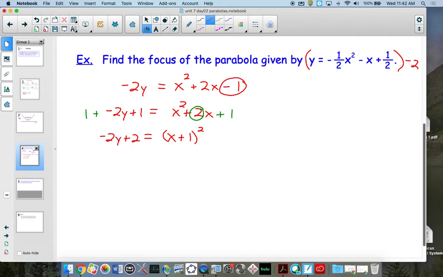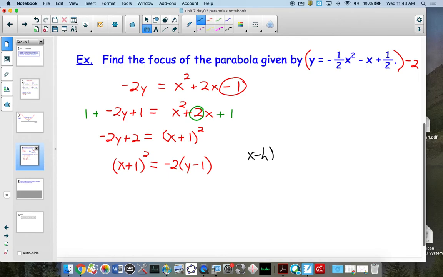And now if I flip that around a little bit, and I write x plus 1 squared on the left, and I factor out a negative 2 from both terms on the other side, I'm going to have negative 2 times y minus 1.